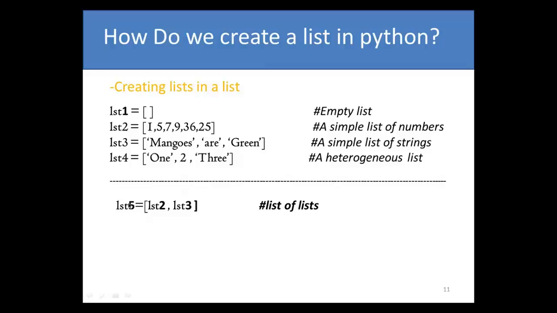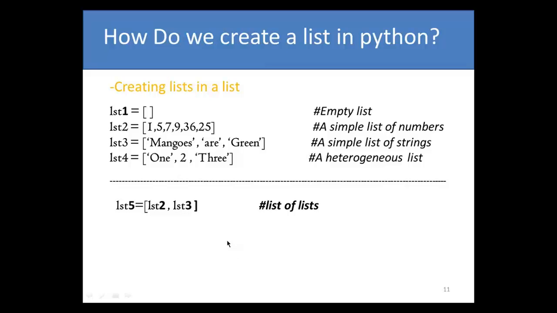So this new list, lst5, will be a collection of two lists, lst2 and lst3. So the length of this list would be 2. It has only two elements, but these two elements are not a single value or a single string. These are actually lists. List 2 has 6 elements and list 3 has 3 elements respectively.